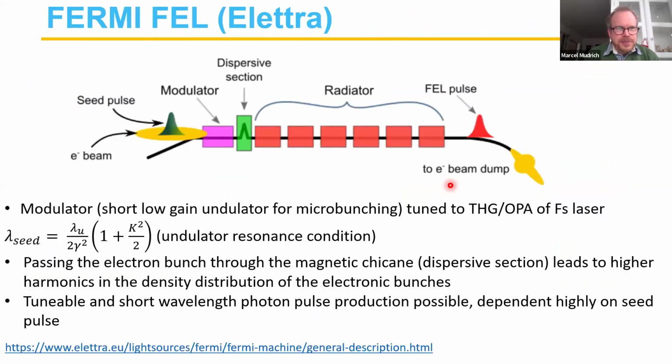You showed results for 21 eV and 21.8 eV, so obviously the photon energy was tuned, and in the supplementary of the paper there are more data where we tuned the photon energy to different values. Do you know how this can be done? How can you tune the free electron laser in photon energy?